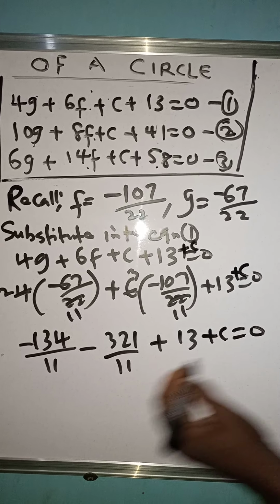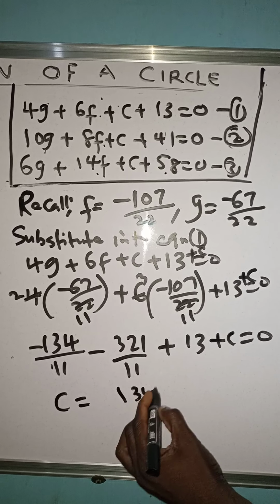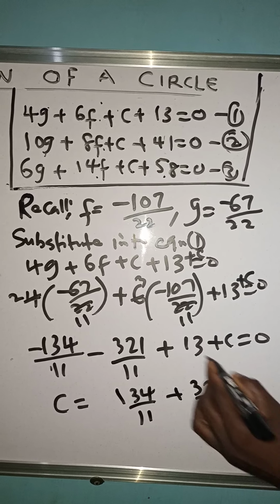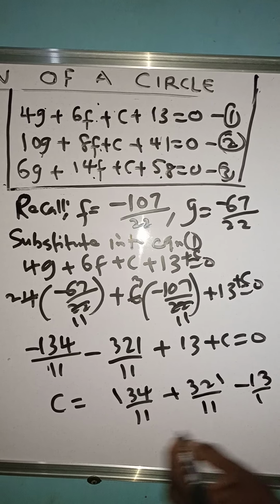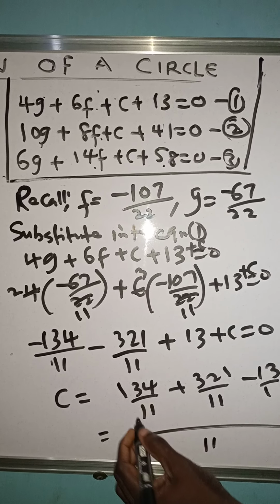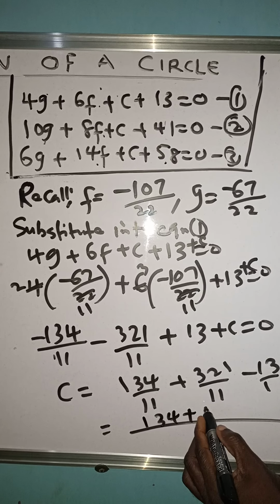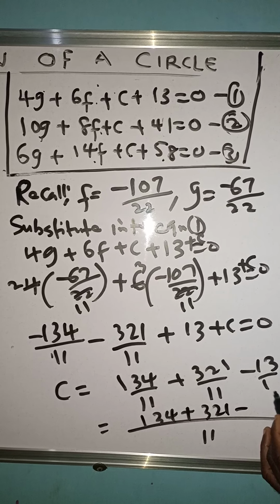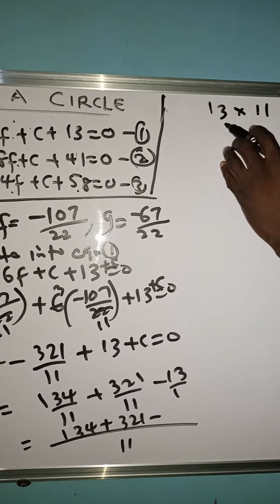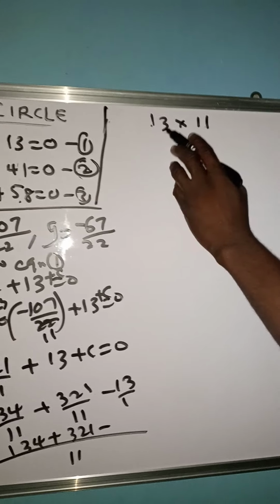Plus c is 0. So now c, bring this one here, becomes 134 over 11 plus 321 over 11 minus 13 over 1. So the LCM is 11. 11 here is 1, 1 times 134, 134 plus 11 here 1, 1 times 321, 321 minus 1 here 11, 11 times 13. The logic we did the other time: 1 plus 3 is 4, when you are multiplying a two-digit number by 11.